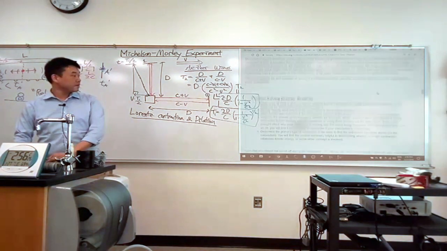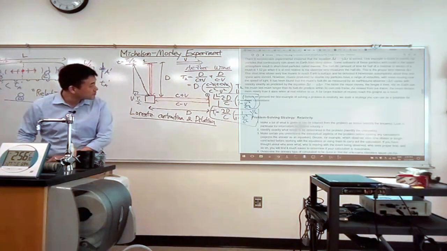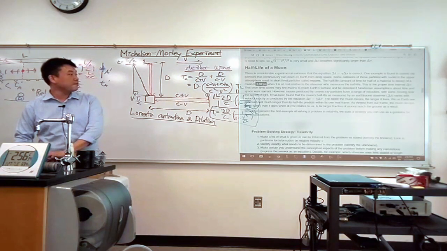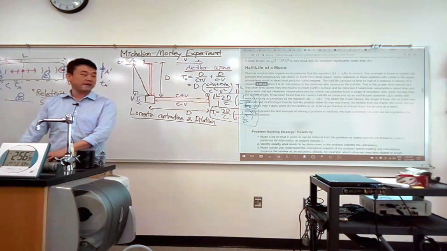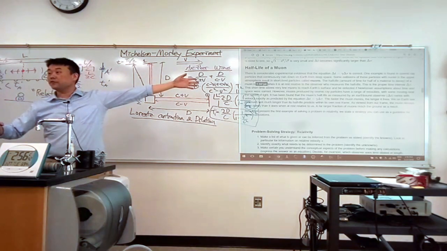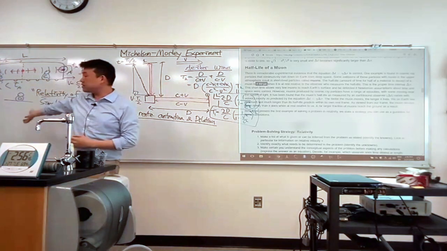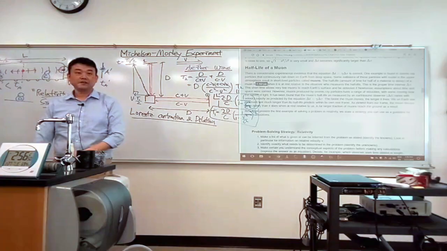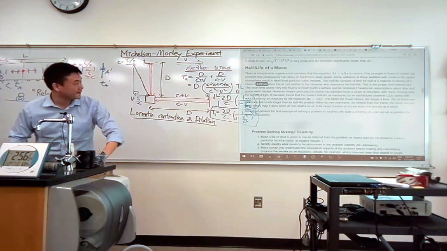It has a very short lifetime, and if you assume non-relativistic mechanics, that's not enough time for it to ever reach Earth from the upper atmosphere where it's produced. But because of time dilation, enough of them reach us to actually measure things. So you can read about that in the textbook.